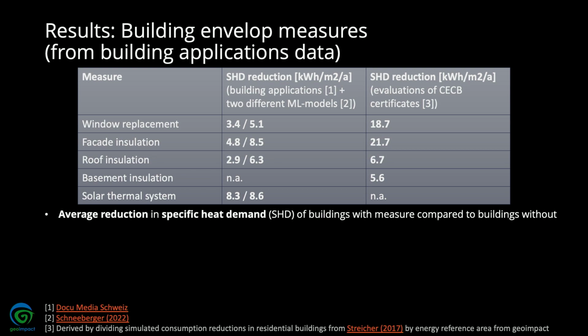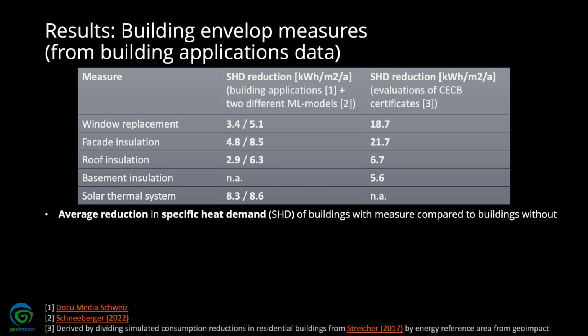Buildings that had the attribute window replacement extracted from the building applications have between 3.4 and 5.1 kilowatt hours per square meter per year lower specific heat demand compared to buildings without this attribute. And yeah, the two numbers come from two different machine learning models that we used in the framework.